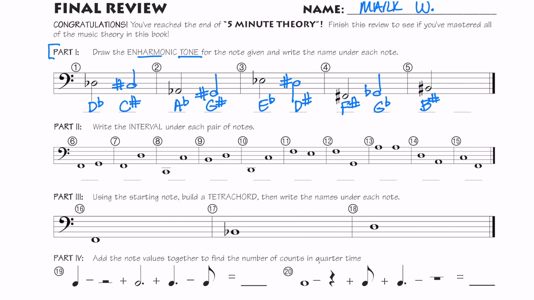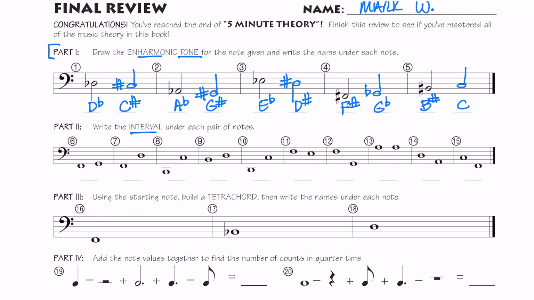So this would not be a C flat or A flat, this would be a C. So B sharp is the enharmonic tone of C. E sharp is the enharmonic tone of F. F flat is the enharmonic tone of E. C flat is the enharmonic tone of B. So that is part number 1. Hopefully you got all of your enharmonic tones, especially that last one, which was a little tricky, but let's move on to part number 2.